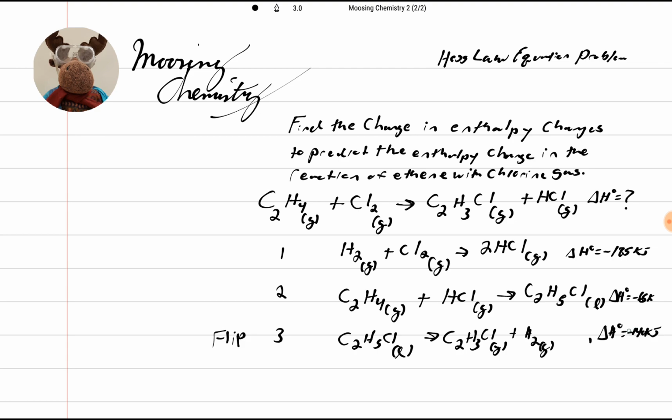When I flip it, I also have to flip the sign, so that was from negative to a positive.